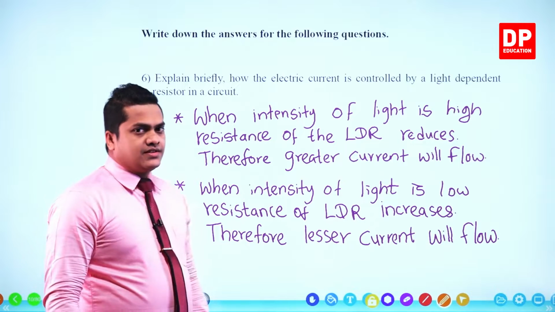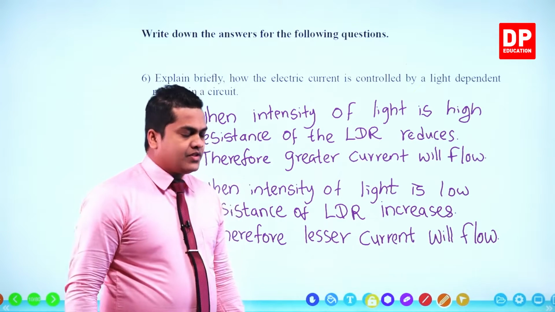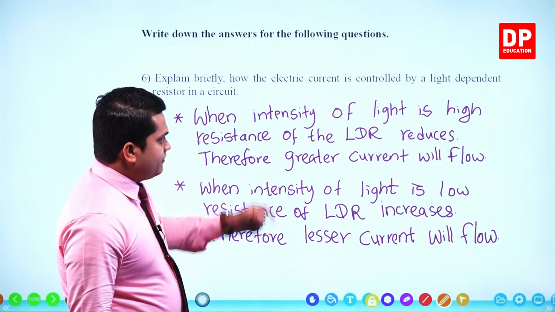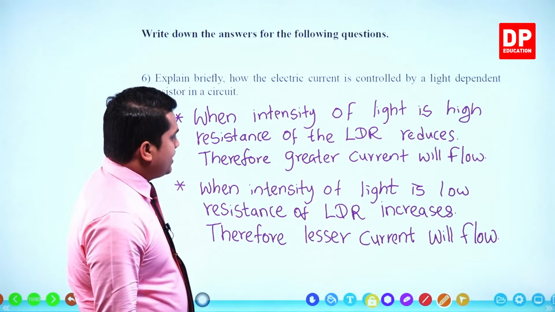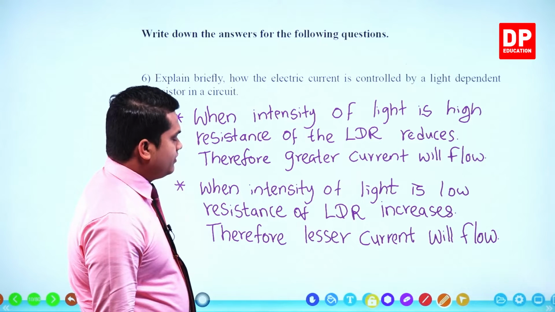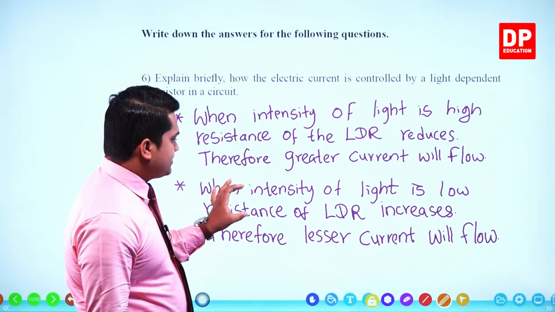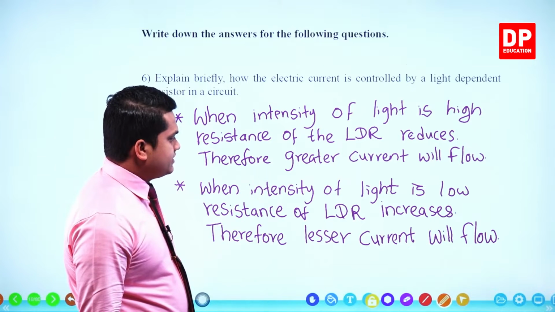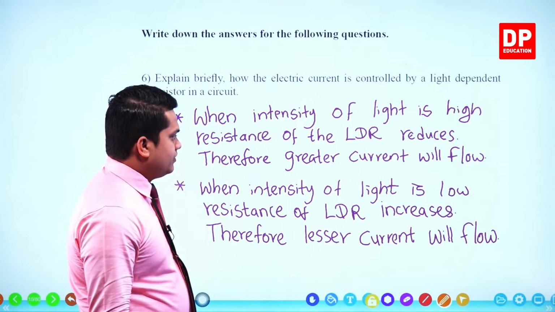So this is the answer. This is how the LDR is going to control the amount of electricity. When intensity of light is high, resistance of the LDR reduces. Therefore, greater current will flow. When intensity of light is low, resistance of the LDR increases. Therefore, lesser current will flow.